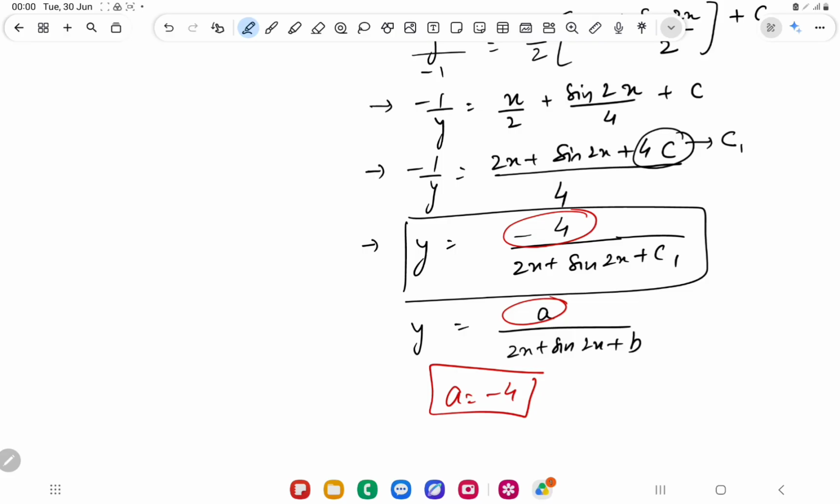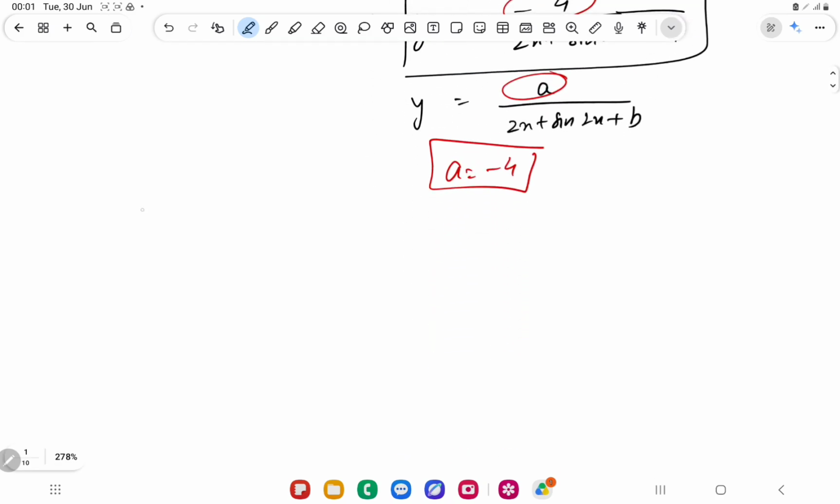So this is all about part 1. Now in part 2, what is given to me is that when y equals 1, x equals pi by 2, and I have to find b.